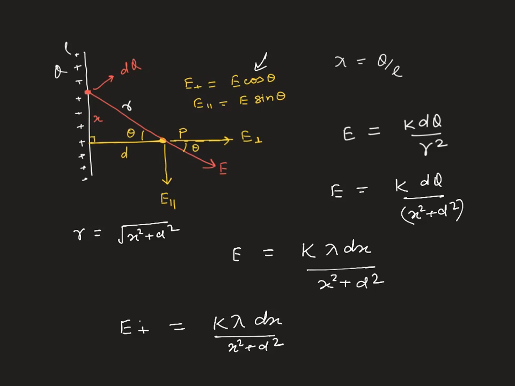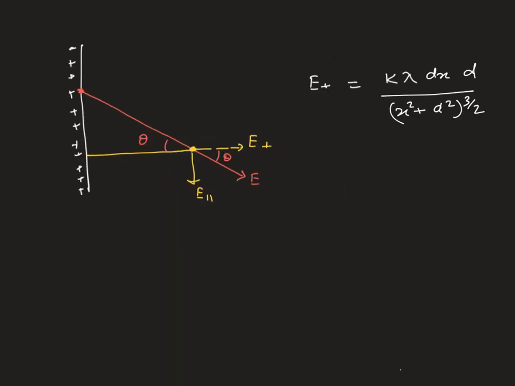The cos theta is going to be d upon root under x squared plus d squared. I have simplified this on this page. The perpendicular field is going to be k lambda dx into d upon x squared plus d squared, where this is x, this is d, this is r, and the value of r is obviously root under x squared plus d squared. So this is your E perpendicular.